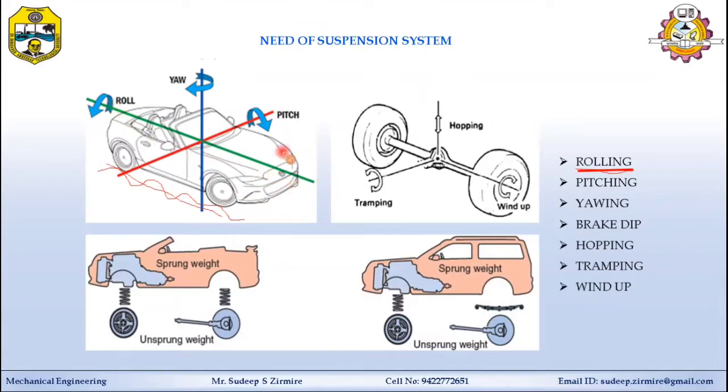When you see the vehicle from the front or back, this is the vehicle you are looking at, and here are the tires of the vehicle. When it rotates about this axis, clockwise or anti-clockwise, left or right, it is called rolling.